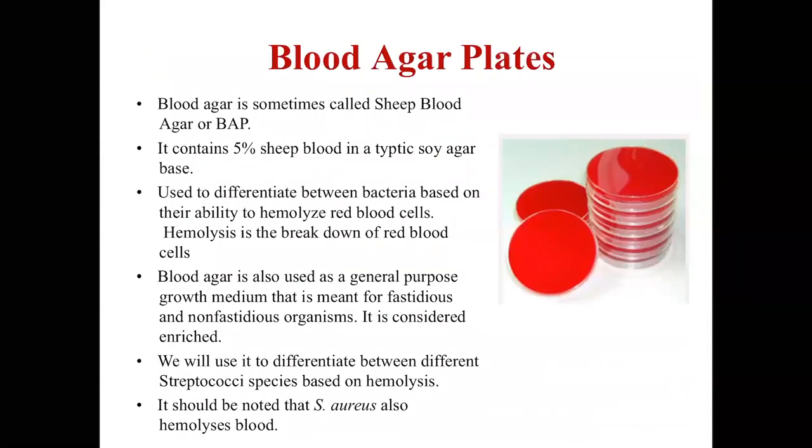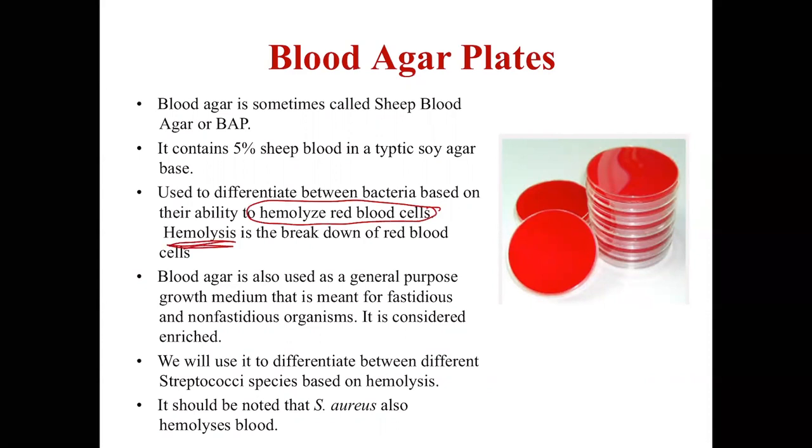Okay, now we'll keep going. So blood agar is sometimes called sheep's blood agar or BAP. It's 5% sheep's blood and tryptic soy agar. How we're going to differentiate the bacterial colonies is based on whether they can break down red blood cells, and we call that hemolysis.